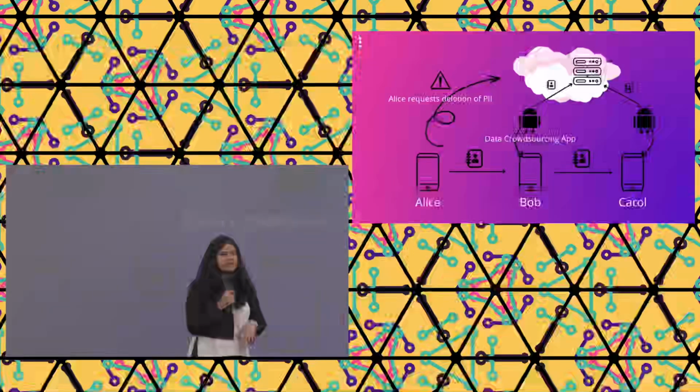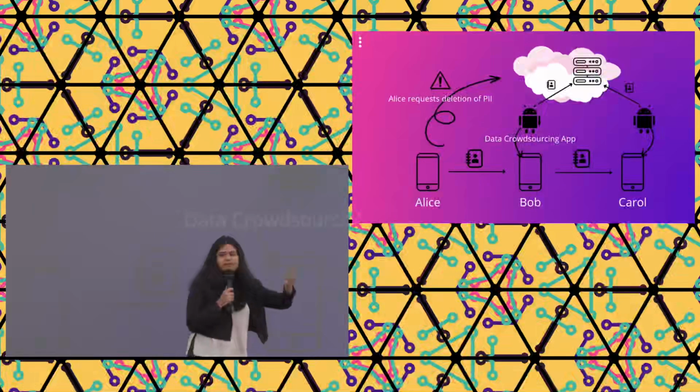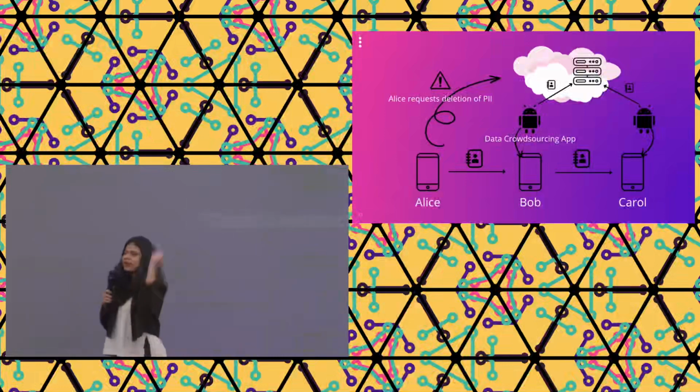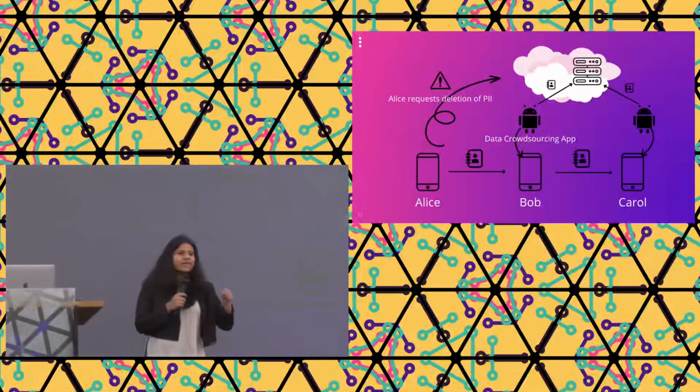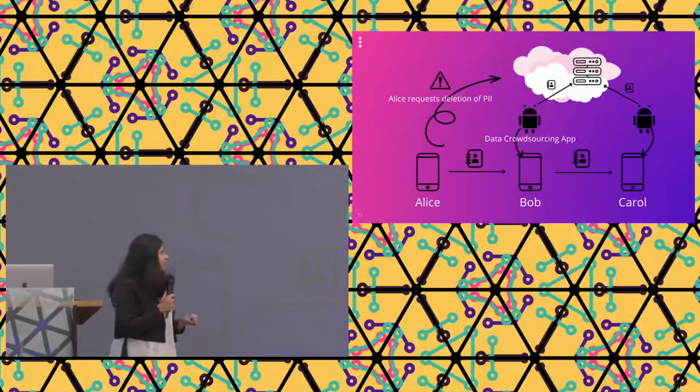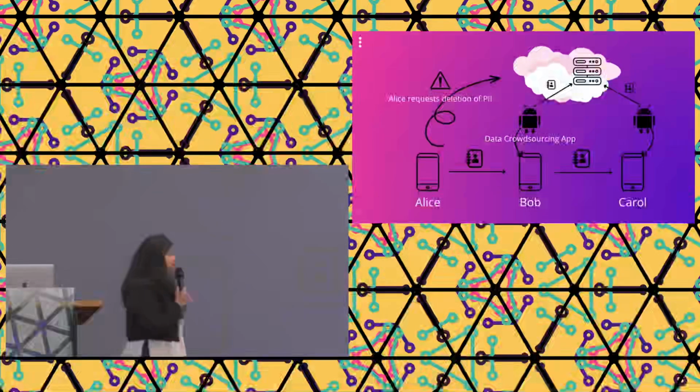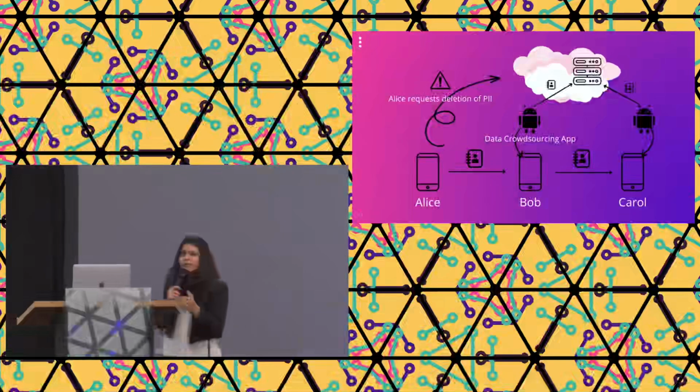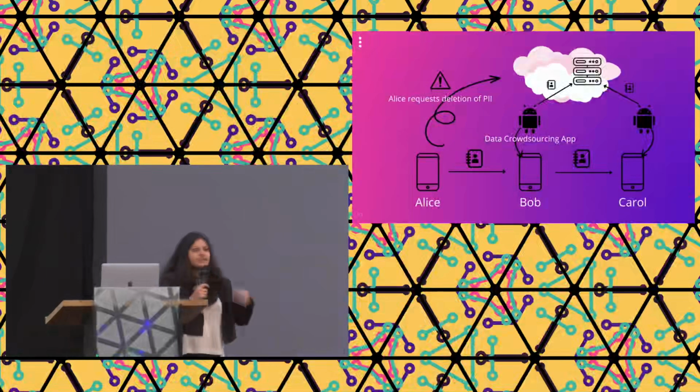The next day, Alice found out that her contact is there, and she does not like it. So she raised a request and said, please take my contact, or PII, off the cloud. They might entertain that request and take it off, but the data, which has already left Alice's device, has now reached Bob, and Bob happened to share it with Carol, and Carol has the app, and it again ends up online. So basically, can you control? The answer is no.